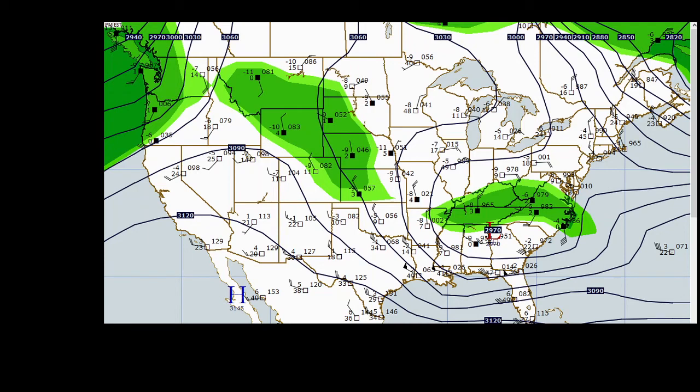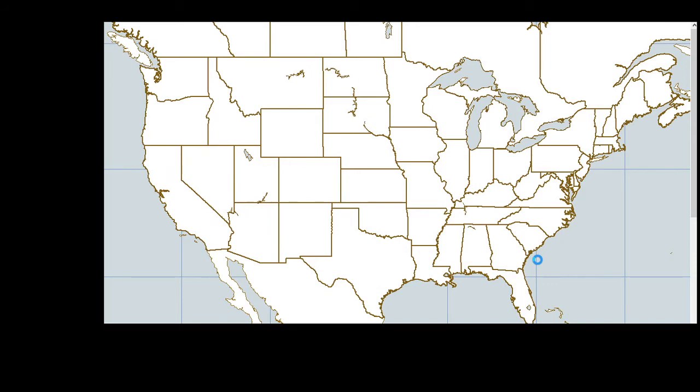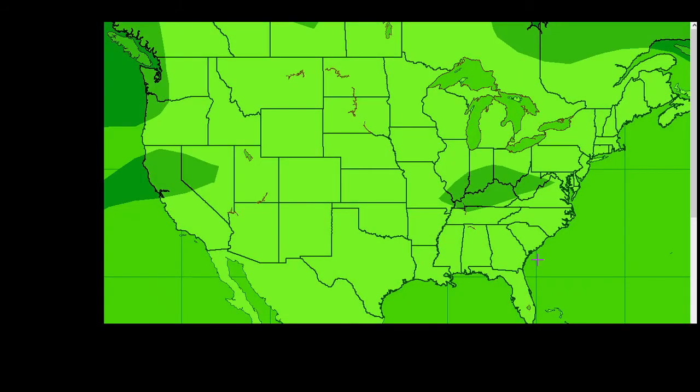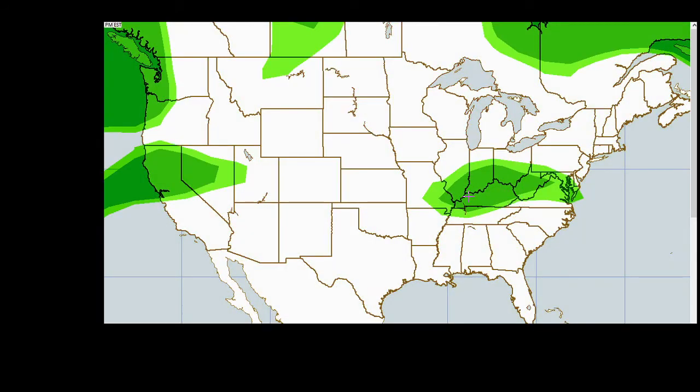So if we go up to 500 millibars, about 18,000 feet, let's get a good look at what type of moisture we have in those upper levels. Still got some moisture present, with the west coast, east coast, mostly north up West Virginia, Kentucky.